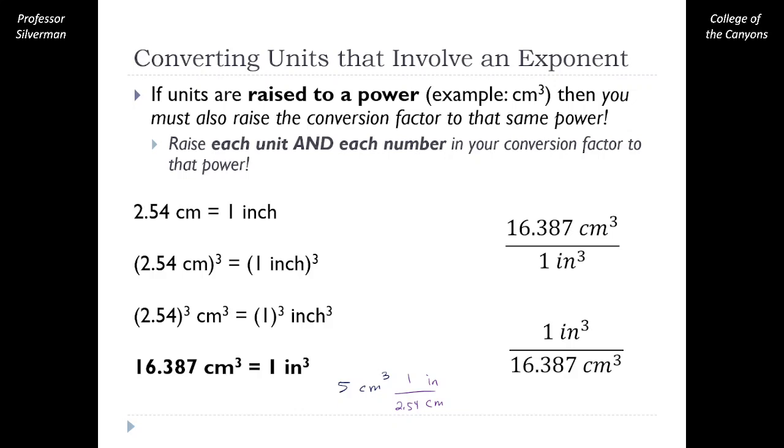Instead, I'll show you 2 ways to do this. The first is by writing down multiple copies of this conversion factor. In order to cancel out centimeters cubed, we're going to need to have 3 copies of centimeters down in the bottom of our fractions.